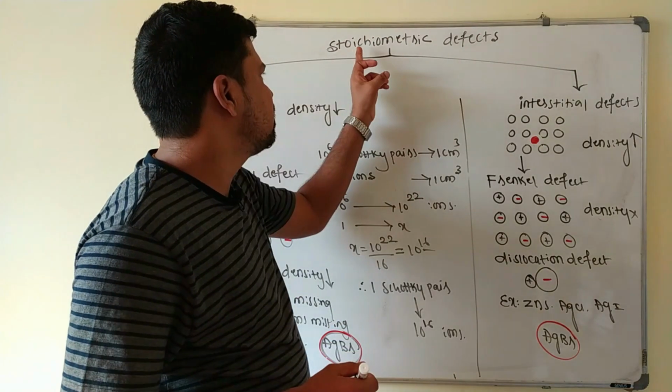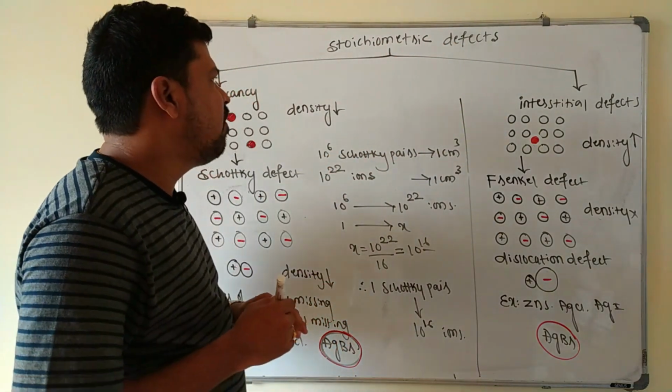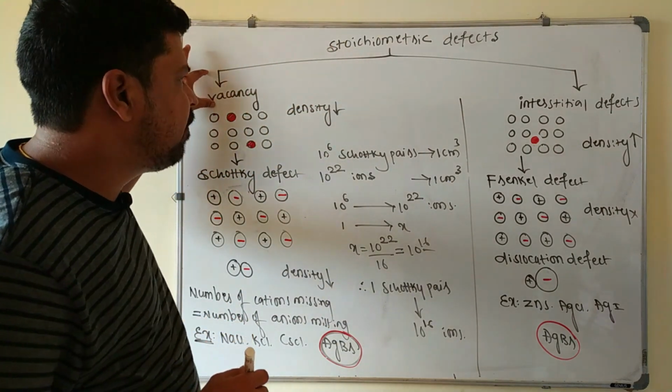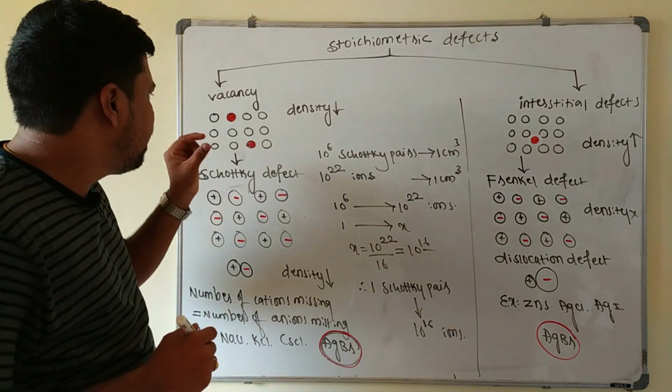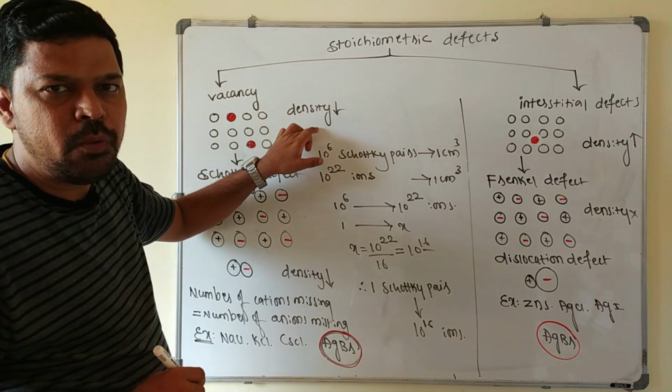Now we will discuss stoichiometric defects. These stoichiometric defects will not affect the stoichiometry of the compound, and there are two types, vacancy defect and interstitial defect. In the case of vacancy defect, whenever some lattice points are missing from the crystal, the crystal is said to have a vacancy defect.